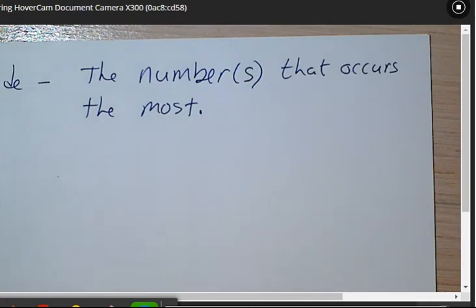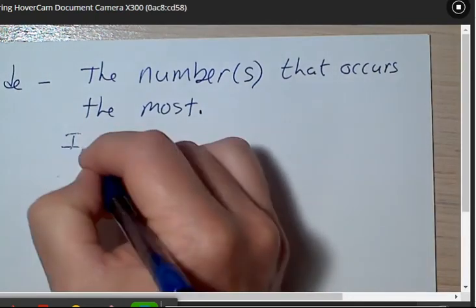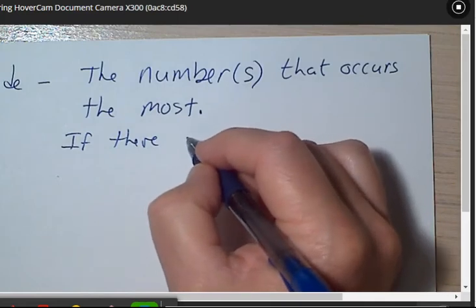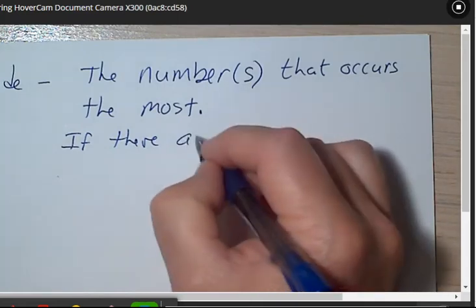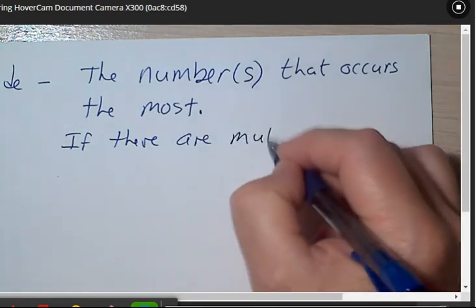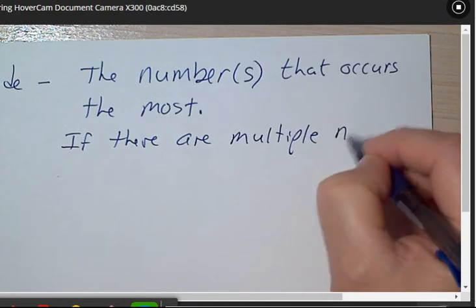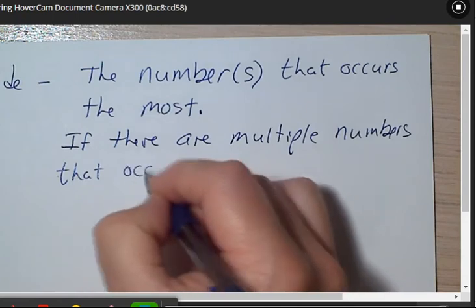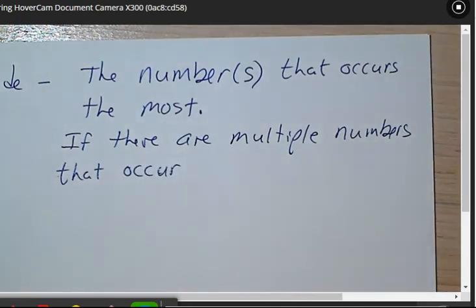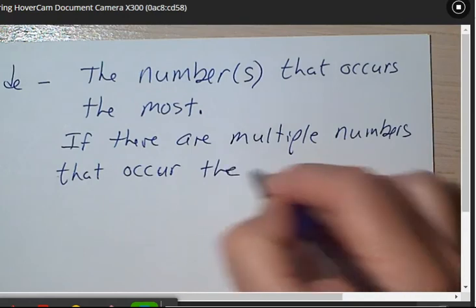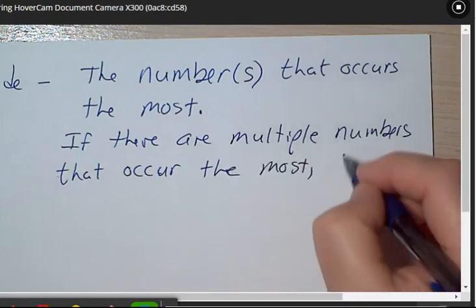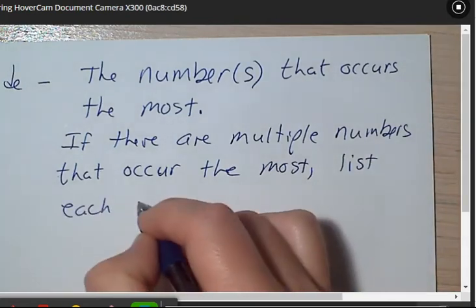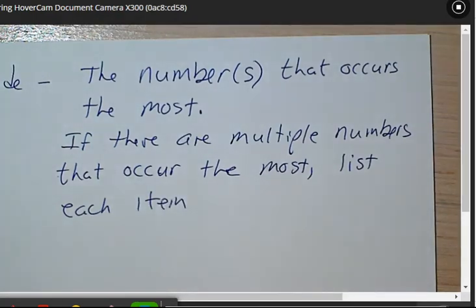So this is one where, if there is a tie, I'll just say it this way: if there are multiple numbers that occur the most, then you have to list each item, or each data item, however you want to say that.